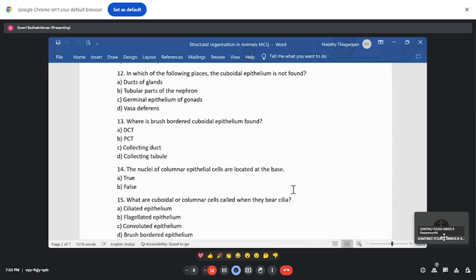Now the 12th one. In which of the following places is the cuboidal epithelium not found? See, cuboidal epithelium is commonly found in the ducts of glands, tubular parts of nephron, and germinal epithelium of gonads.